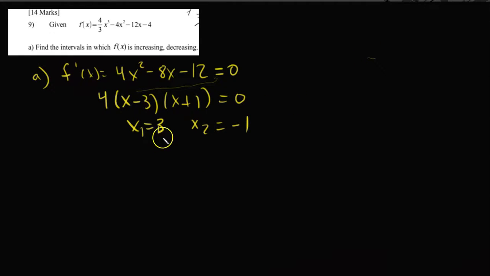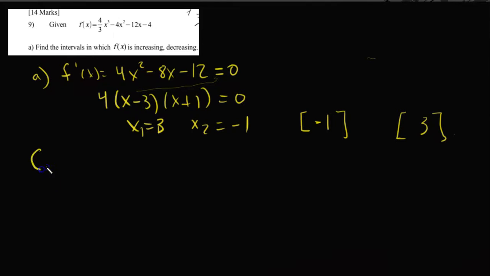Alright, so what you're going to do now is you have a range. You have 2 zeros. I'm writing in this order so you can see it better. You're going to have to take the range from before -1, the range from -1 to 3, and the range from 3 to infinity, and you evaluate those.